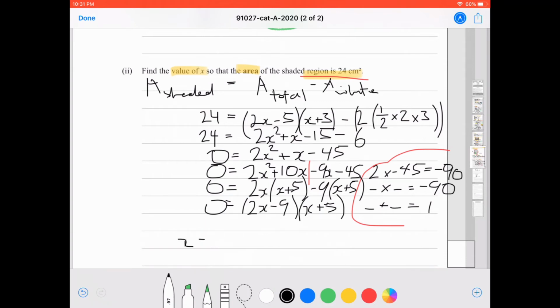Solving for x, we can say x equals 9 over 2, or 4.5 obviously is the decimal form, or x equals minus 5.